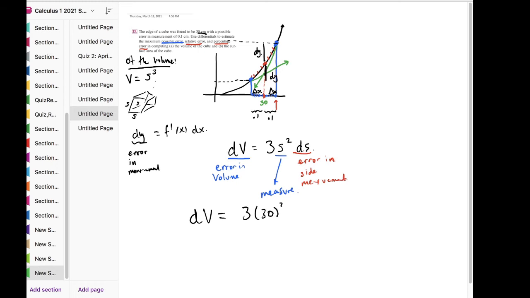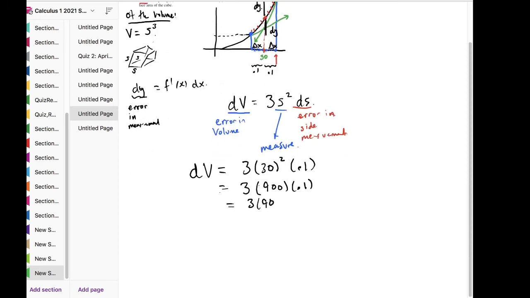And what was our margin of error for the side measurement? 0.1. Okay, so just do that. 3 times 900 times 0.1. So this is 3 times 90, which is 270.